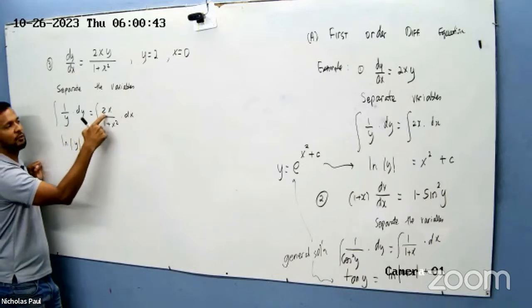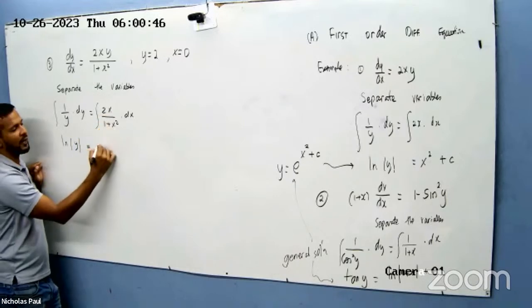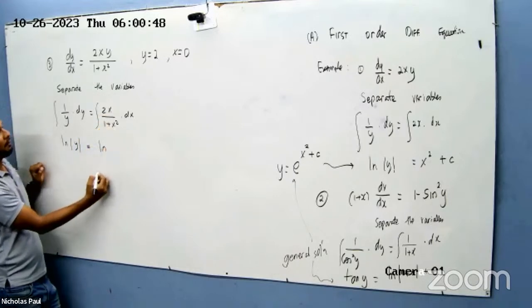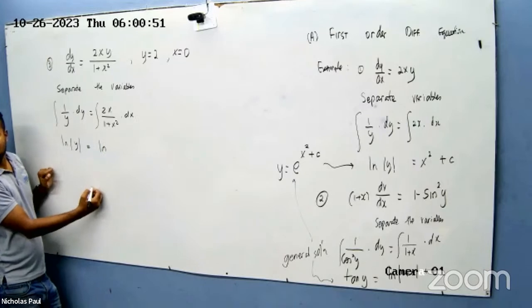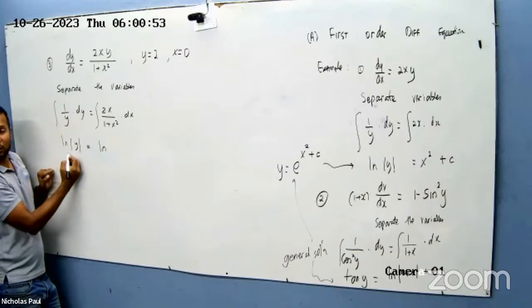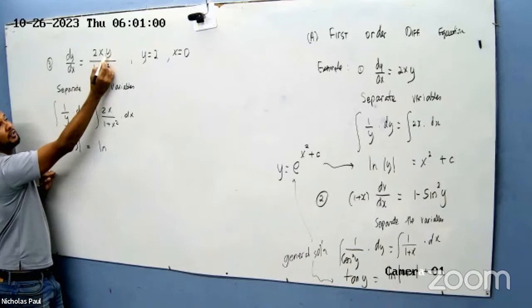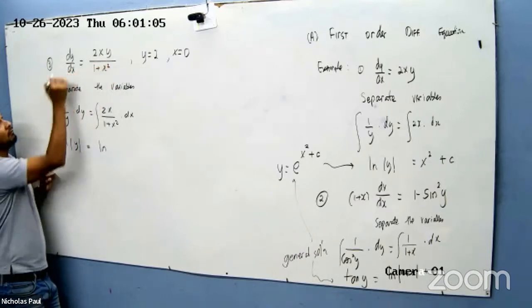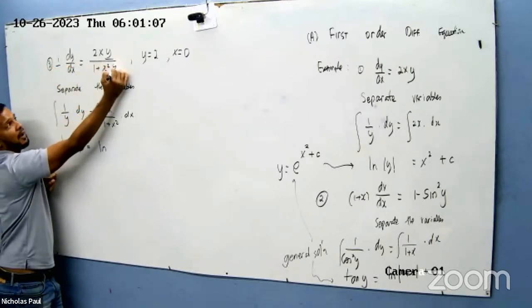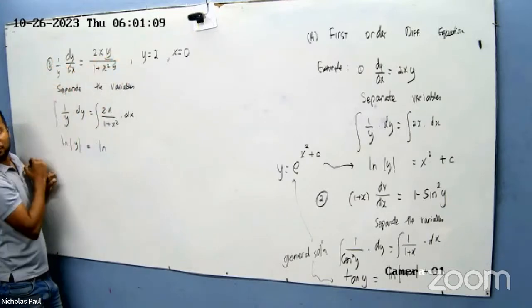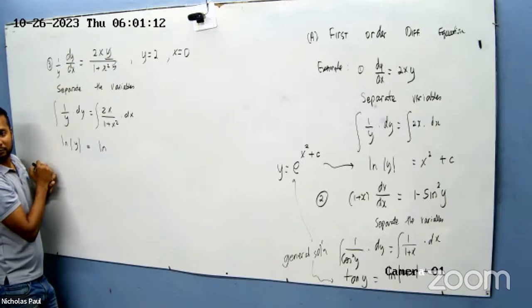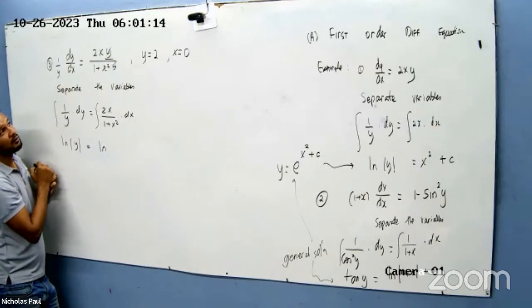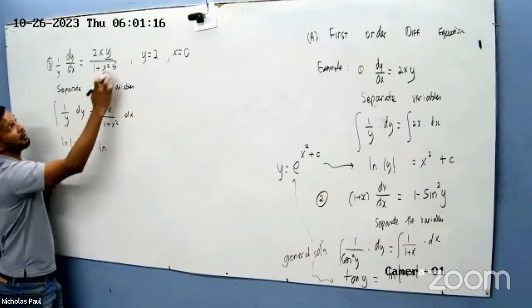What's the integral of 2x on 1 plus x squared? Remember, the y is going, so you're dividing here by y and you're dividing here by y.